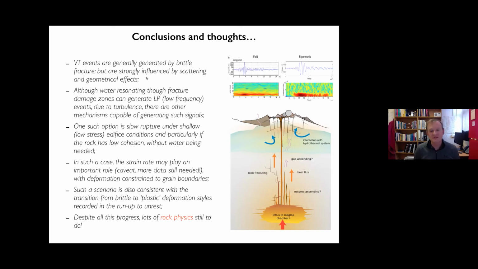And although water resonating through fracture damaged zones can generate low frequency or long period events, depending on where you're coming from, different backgrounds, we use different terminology, due to turbulence, there are definitely other mechanisms capable of generating these signals. And that has resulted in this idea that low frequency events are the new panacea for forecasting being knocked into the long grass somewhat. Because one such option is to use low cohesion materials and does not require water.